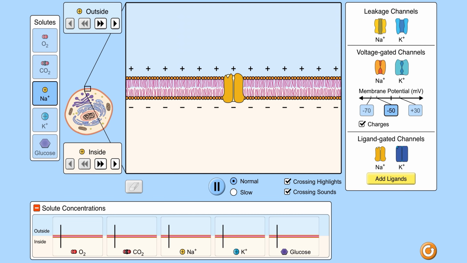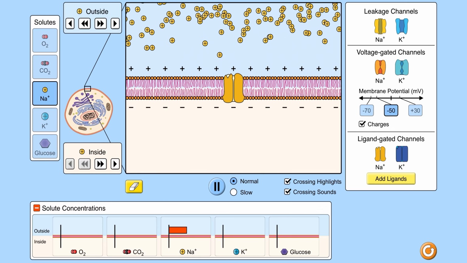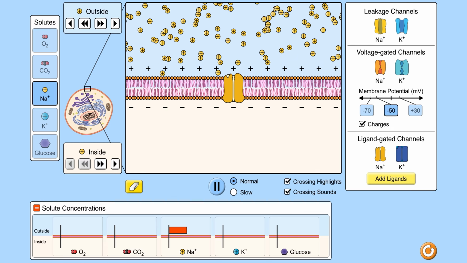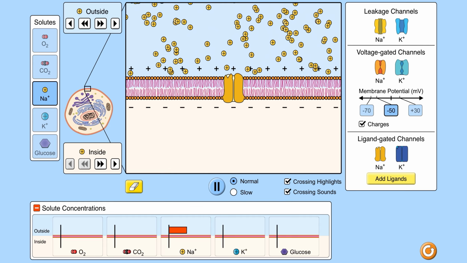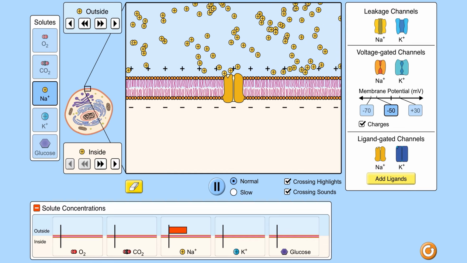Even if there is a huge concentration gradient, the ions can't get through it. Let's increase the concentration of sodium ion outside the cell. Watch what happened. The sodium ions are not able to go through as the ligand gated channel is closed.